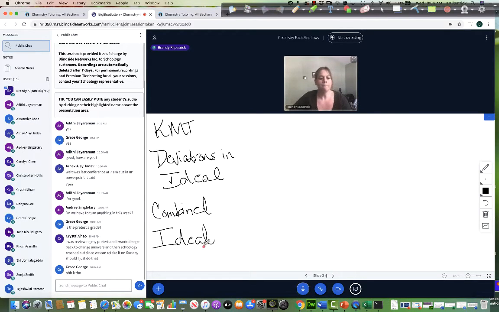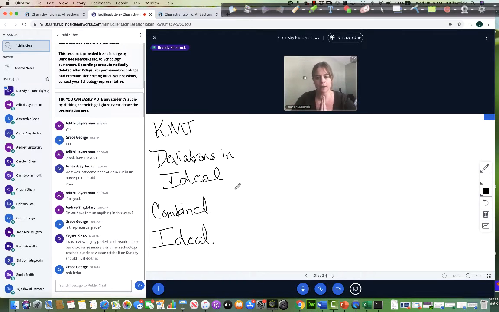When we first started talking about gases, we talked about the properties of gases. We also talked about kinetic molecular theory. Really, kinetic molecular theory is a theory that explains how gases should behave ideally. It talks about their movement patterns and kinetic energy.